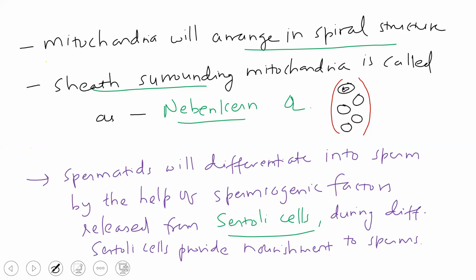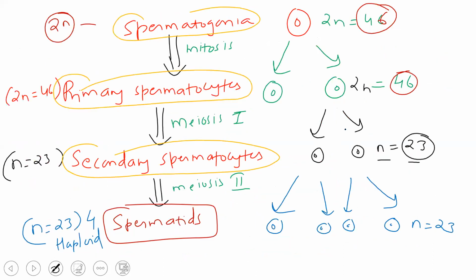This is the mitochondria. This is the covering. What you see is the mitochondrial spiral. They are arranged in this manner. So any issues in this?